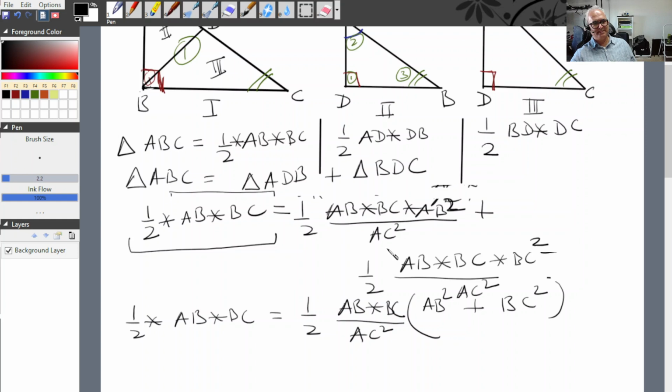So AB, BC, AC square are common. So they will cancel. So we are left with 1 here. And this side is AB square plus BC square divided by AC square.